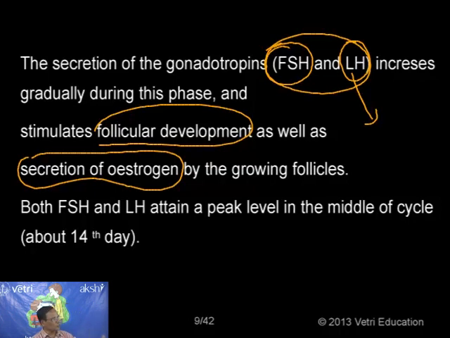At the same time, from the growing follicle, the hormone estrogen is released for normal maintenance of the sexual cycle. I mentioned already, both FSH and LH attain a peak level in the middle of the menstrual cycle, about the 14th day, because we need the hormone LH for the rupture of the follicle to release the egg from the ovary. That is why that hormone is called the ovulatory hormone. The 14th day is called the ovulation day.